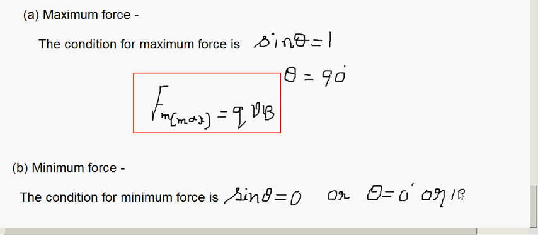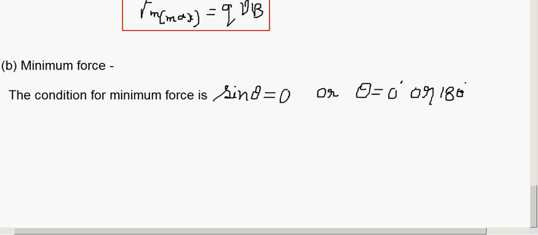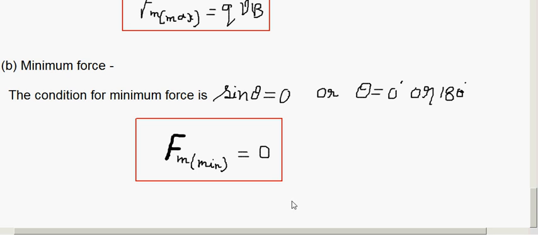This is the case wherein the charge moves parallel or anti-parallel to the magnetic field. The force is maximum when they are perpendicular to each other. Therefore, we can write the minimum force F minimum as 0. Minimum force is 0. These are the conditions for maximum and minimum force, and hope you understood this.